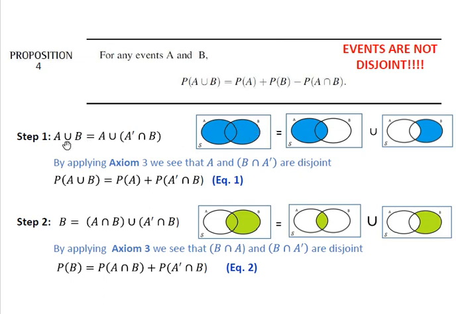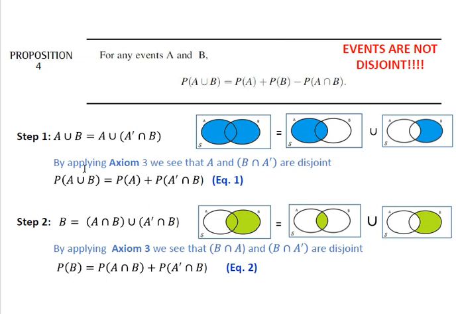So we can write the union of A and B as the union of two disjoint events, A and B minus A, or A prime intersection B. You can see that this part and this part don't have any elements in common. So A and B minus A are disjoint.